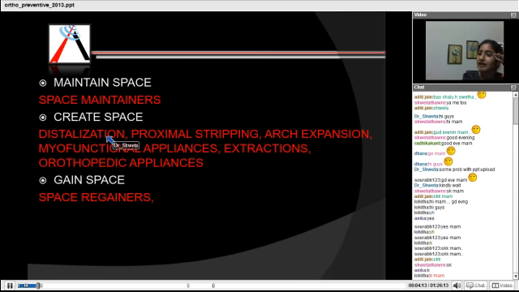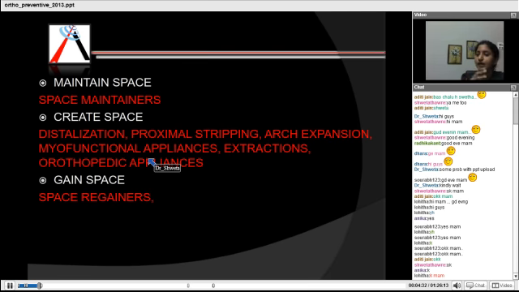And everything else like distalization, proximal stripping, arch expansion, myofunctional appliances, extractions, orthopedic appliances, they all modify and create space. Okay, that is all during the developmental period.